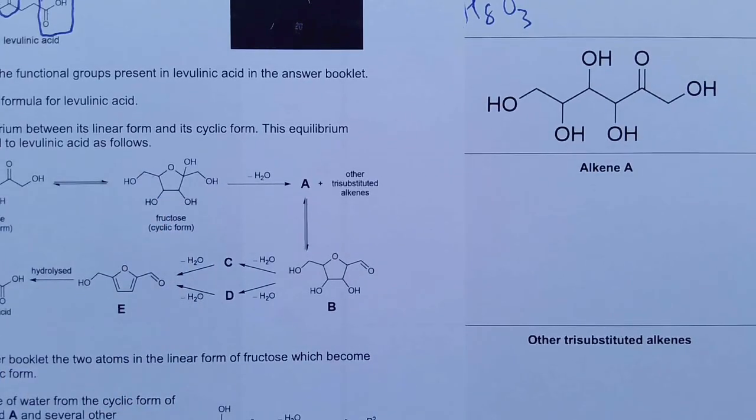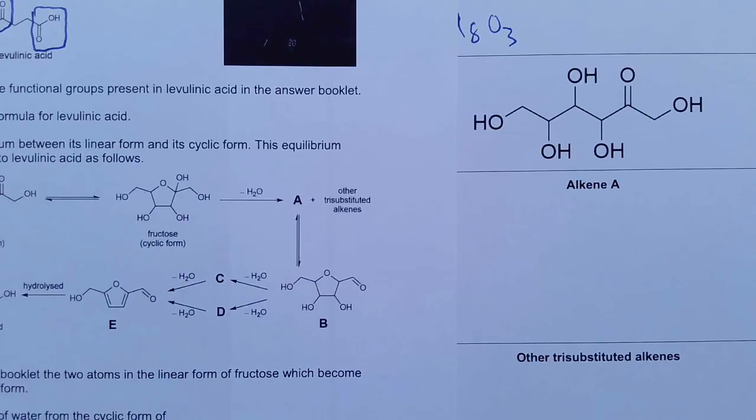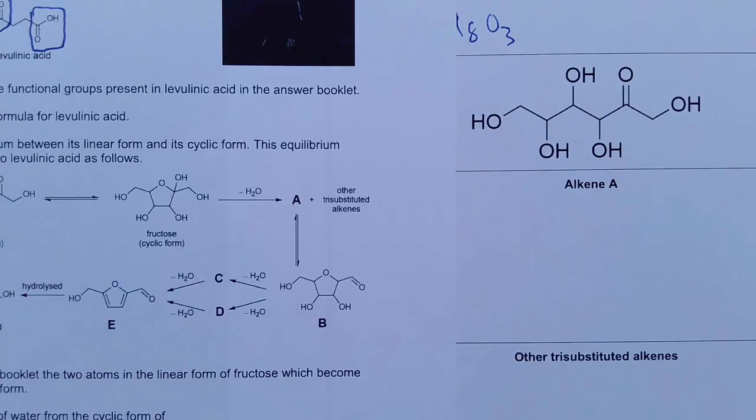Now if you are not familiar with the way that sugars interconvert between linear forms and cyclic forms, this can be quite tricky. So let me think if there's a way that, if you're not aware what's going to be happening, you can work it out.